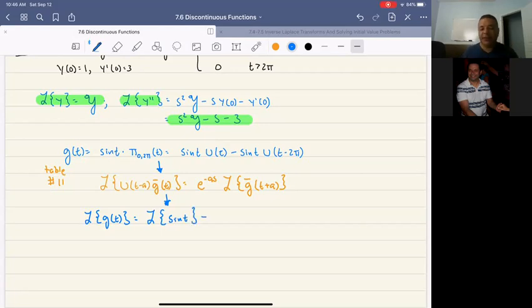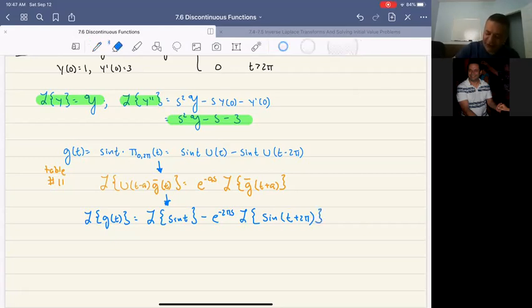Minus, this is going to shift everything to the right by 2 pi, so this is going to be e to the negative 2 pi s Laplace transform of sine of t plus 2 pi. But now, sine is 2 pi periodic, right?